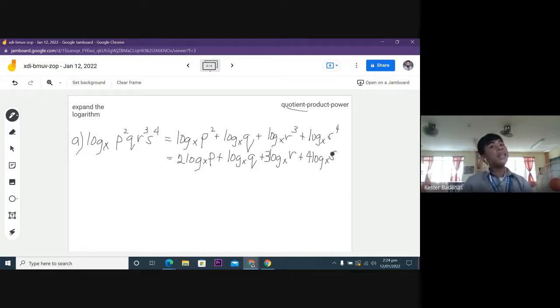So the expanded form of the logarithm of p squared q r cubed s raised to 4 with the base x is equal to 2 logarithm of p with the base x plus logarithm of q with the base x plus 3 logarithm of r with the base x plus 4 logarithm of s with the base x. Nakuha po?